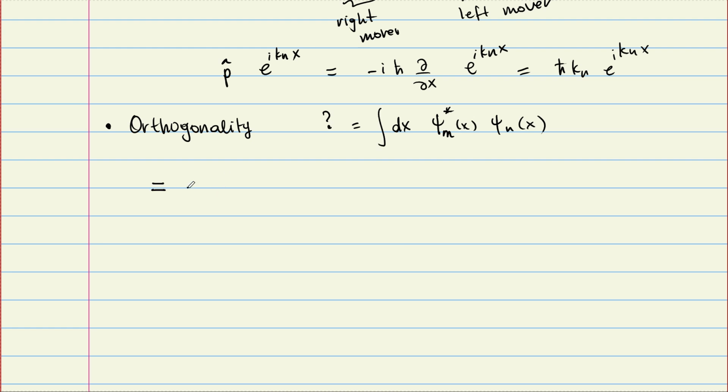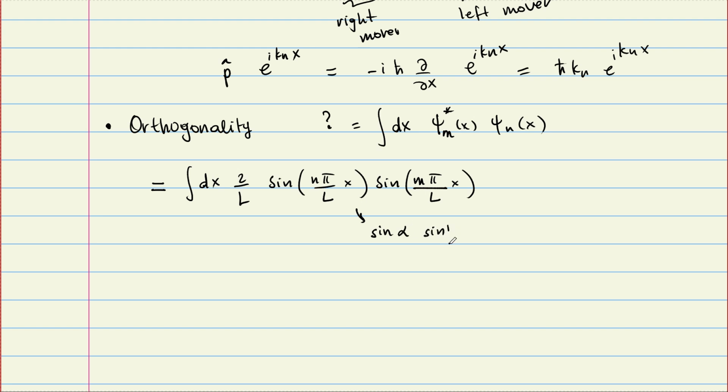This is going to be equal to the integral dx 2 over L sine n pi over L x, and the same thing with m. And for this I want to use sine alpha sine beta is equal to 1/2 of cosine alpha minus beta over 2 plus cosine alpha plus beta over 2.